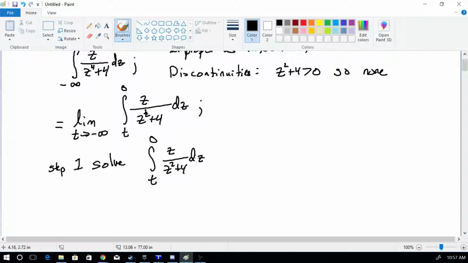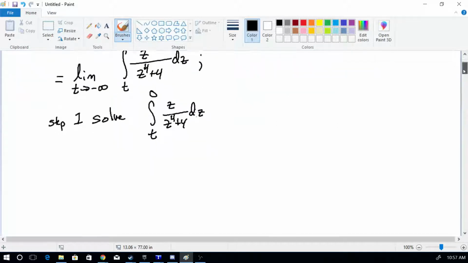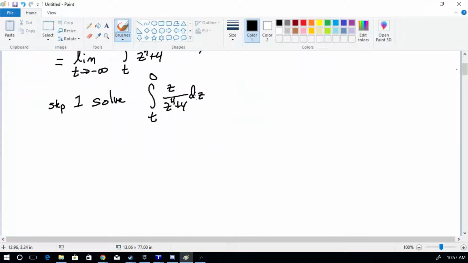Z to the 4th. I'm getting ahead of myself. The problem is z to the 4th plus 4. Okay. Now, z to the 4th, we don't know how to factor, I don't know how to factor quartics. I'm sure someone does.